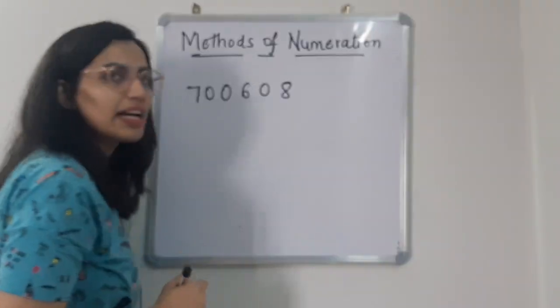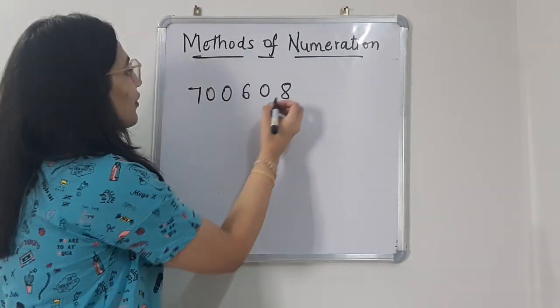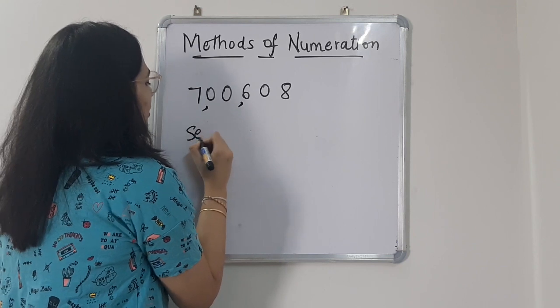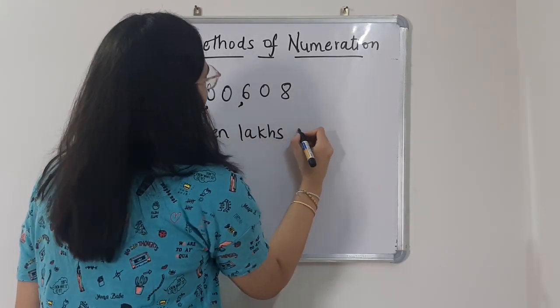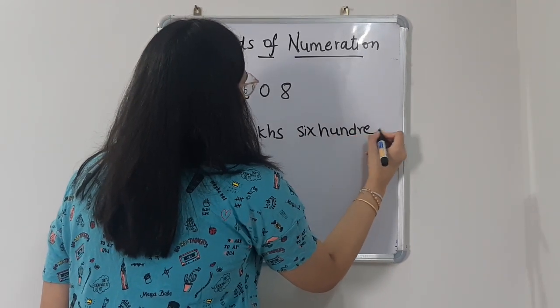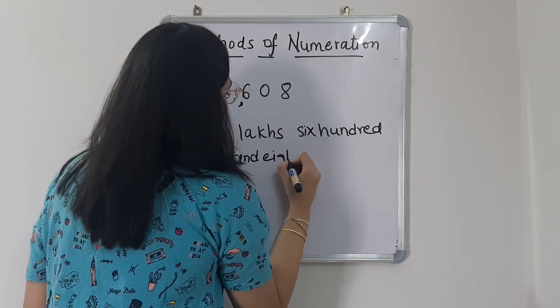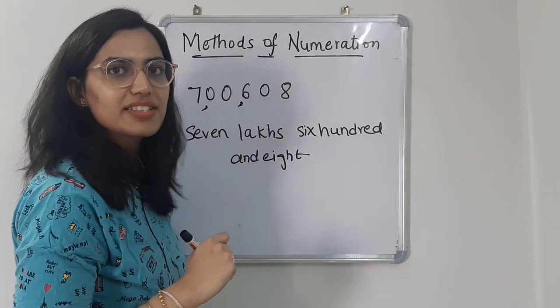Consider 7,00,608 as one number, and if you see, when you do it in the Indian system, it is just 7,608. Right? But there is no thousands place in this number.